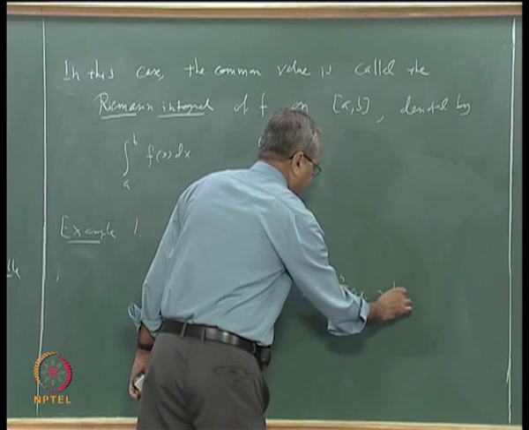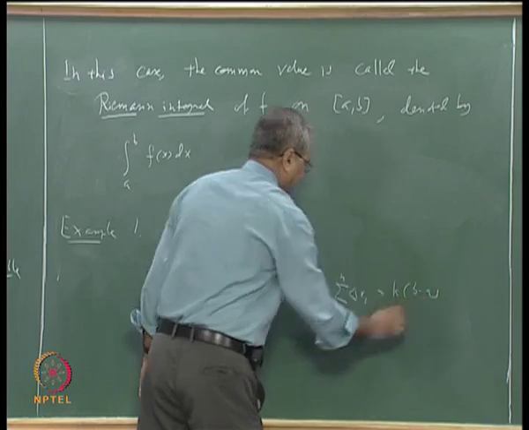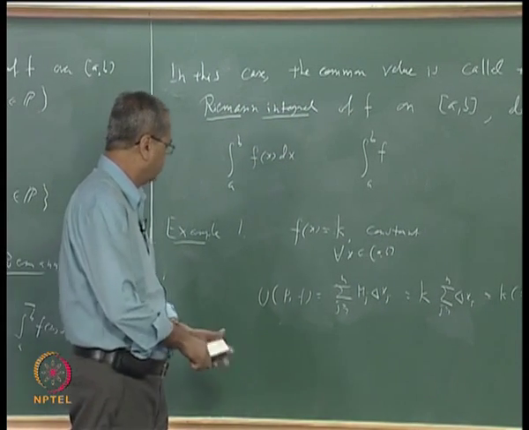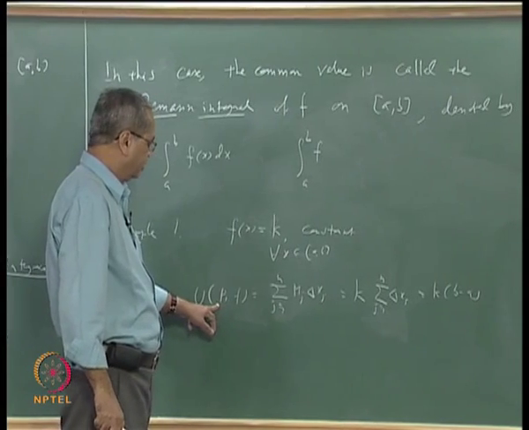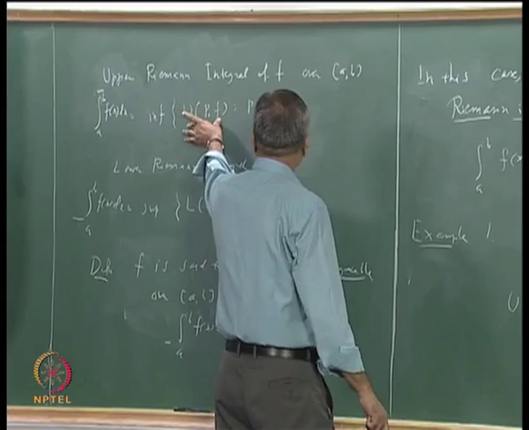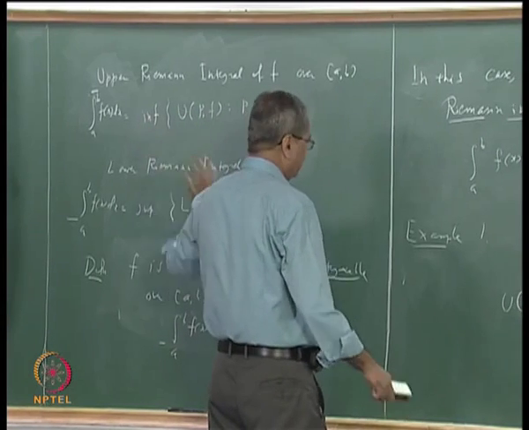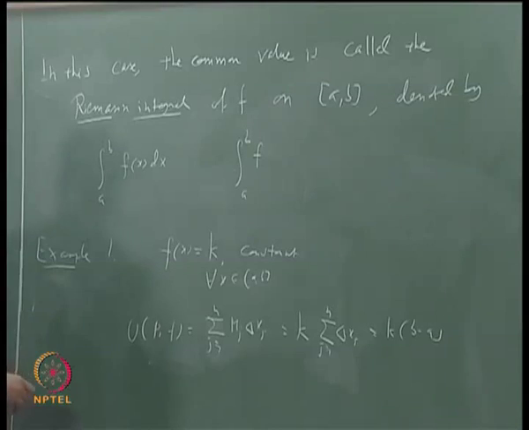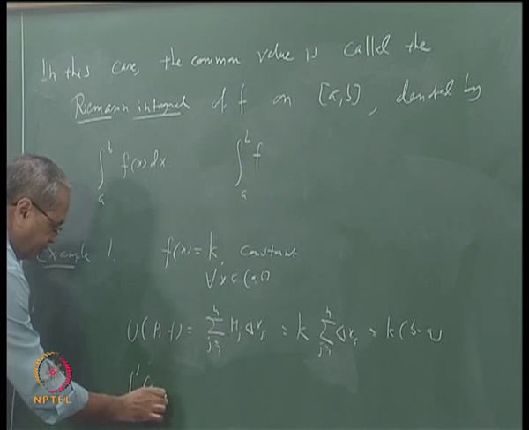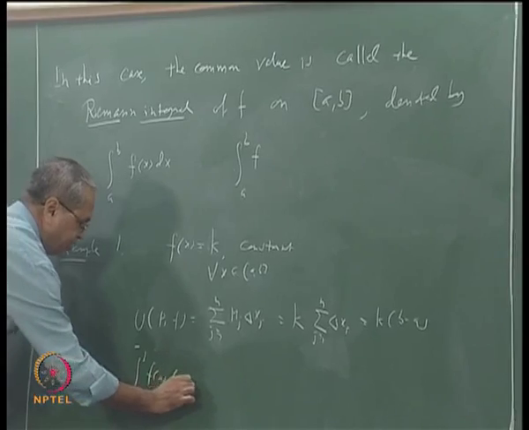So this is k times (b minus a), regardless of the partition P. So its infimum is also the same. In other words, the upper integral of f(x) dx from a to b is k times (b minus a).